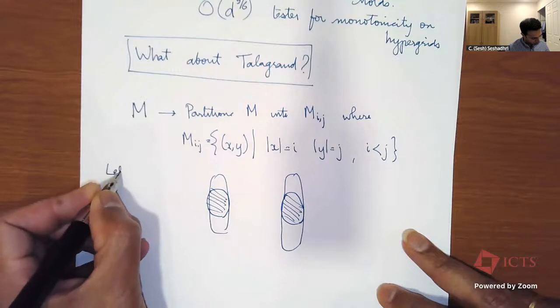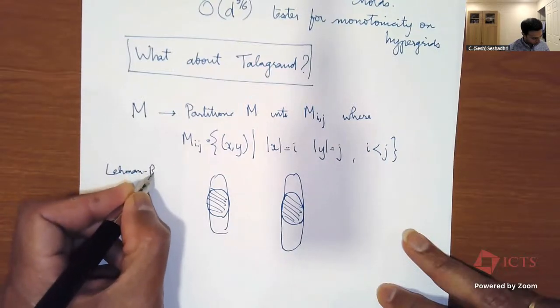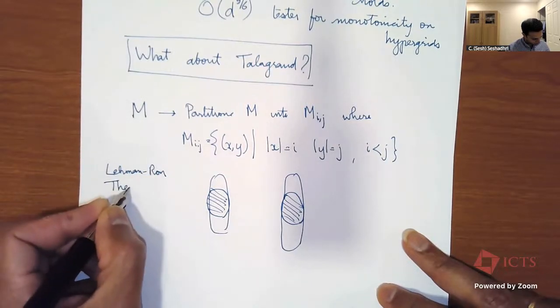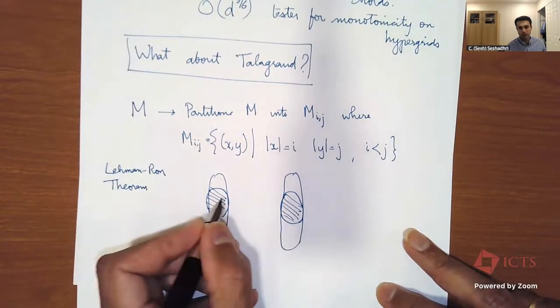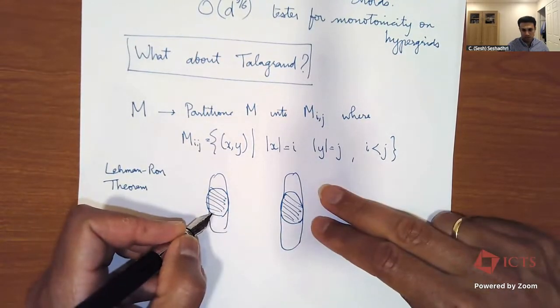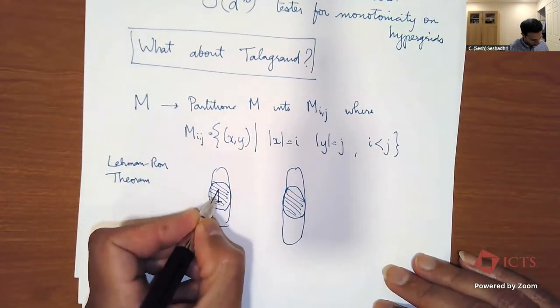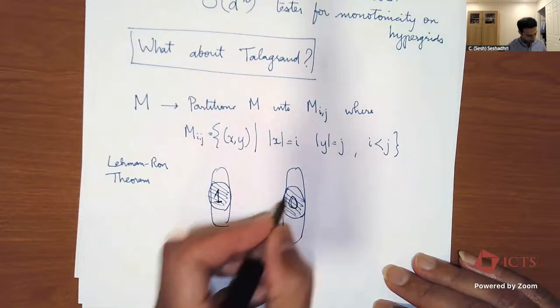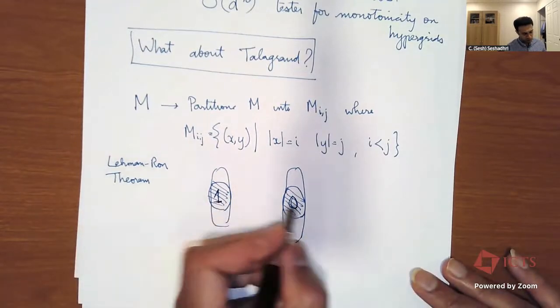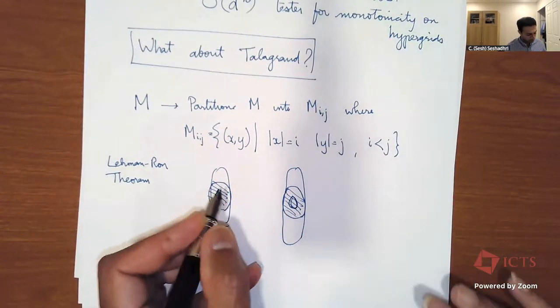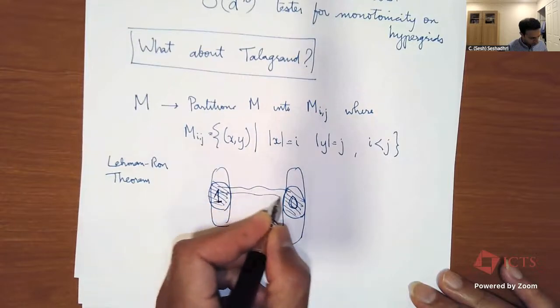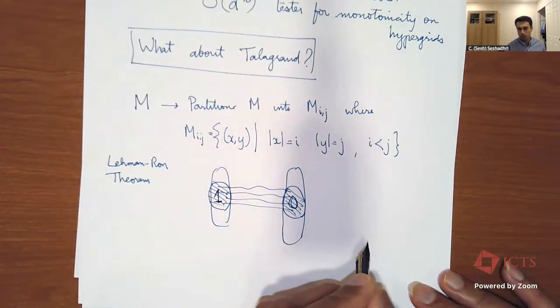Now, the Lovász-type theorem says that when you have any matched sets, I should say the values here are 1 and the values here are 0, if you have matched sets between any two levels, then actually you have vertex disjoint paths between them.